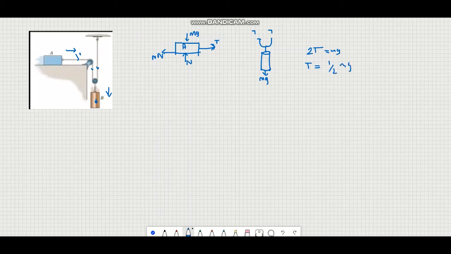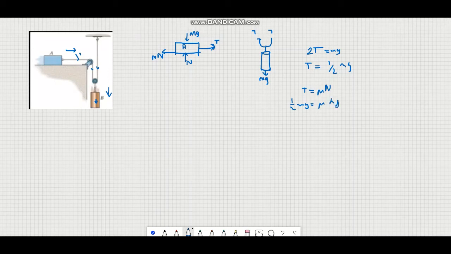And then we know that T is nu N. N is mg, and T is one half mg, so this is nu mg.